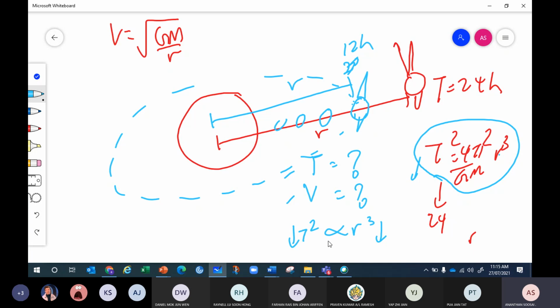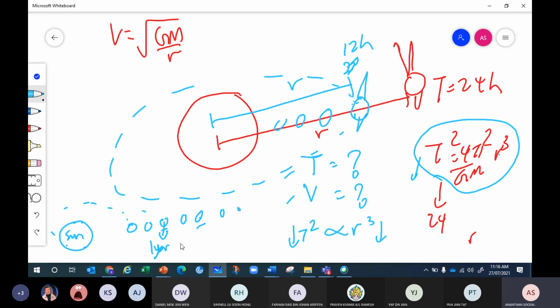This works not only for the Earth and the satellite, it works for our planetary system, the Sun and other planets. Our Earth is the third one, right? And you've got Jupiter. These planets are all like satellites of the sun, going around. Earth has a period of 1 year to go around the sun.